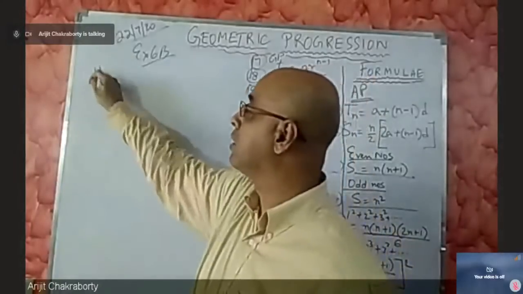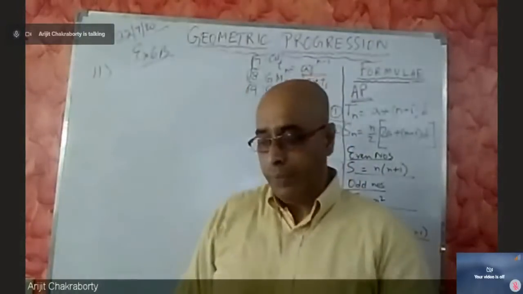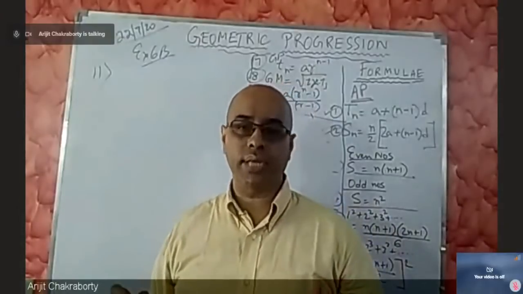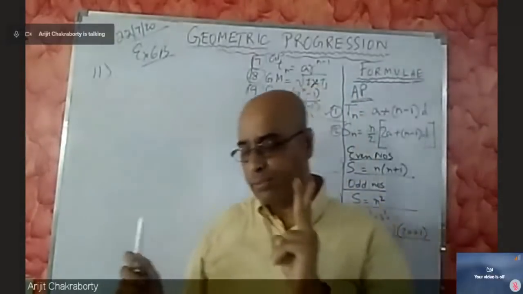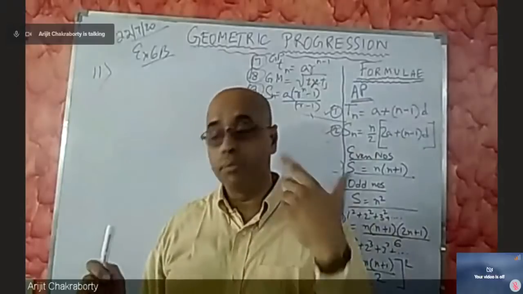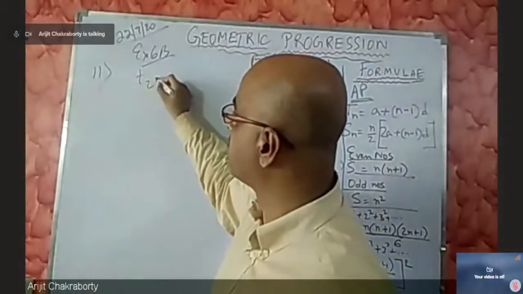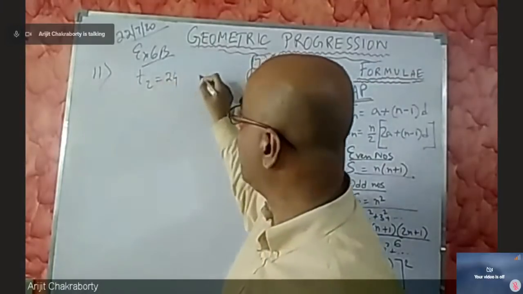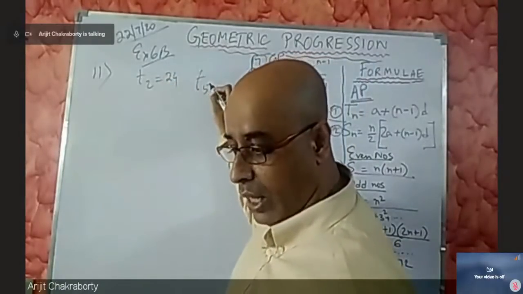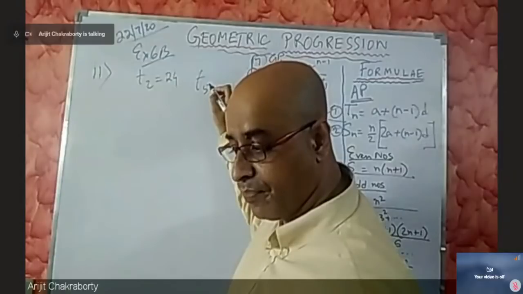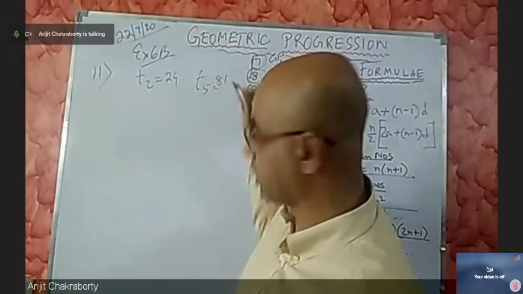Exercise 6B, number 11. The second term of a GP is 24 and the fifth term is 81. So the second term T2 is 24, and T5, the fifth term, is 81. Very good.